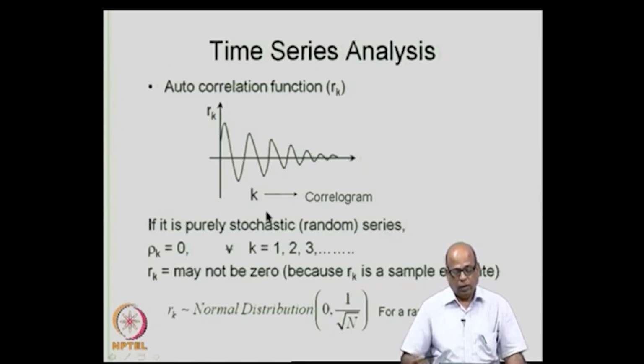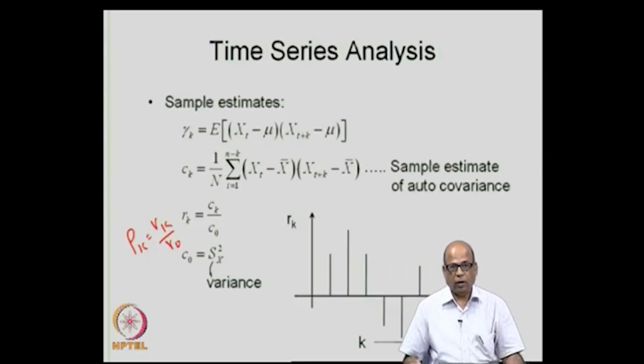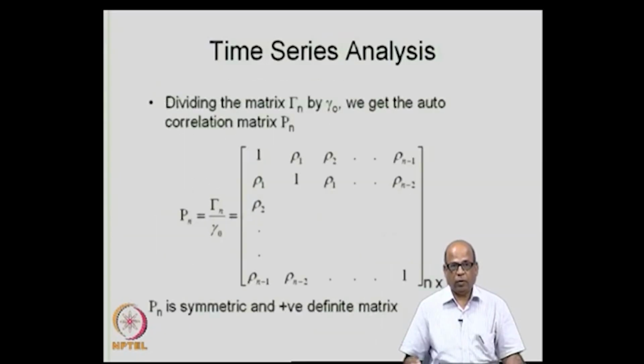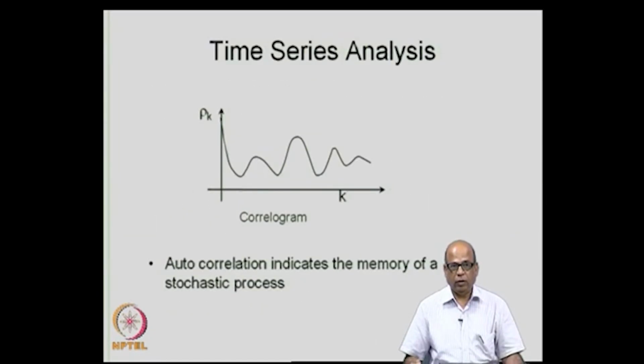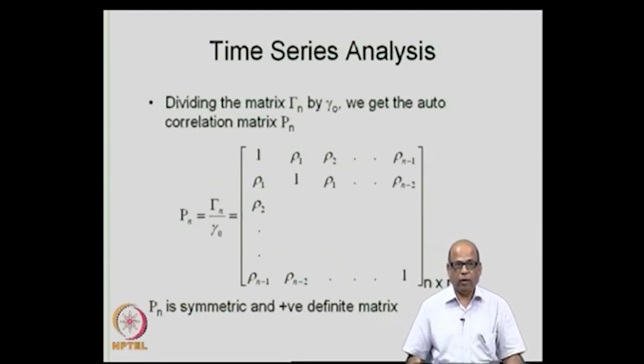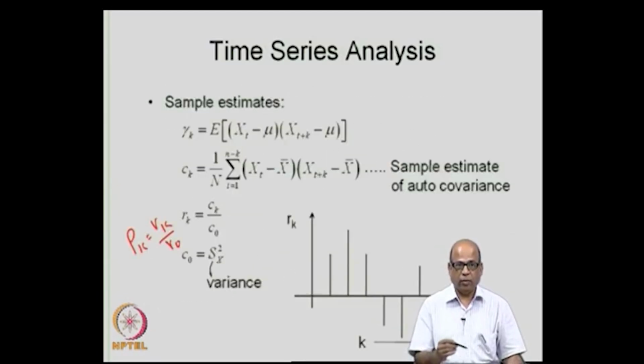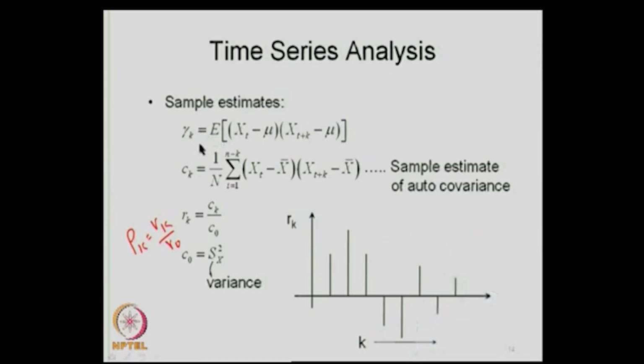If it is a purely random series or purely stochastic series, then theoretically rho k must be equal to 0, because x t and x t plus k are not related at all, and we have seen that for a purely stochastic process the autocovariance must be 0.